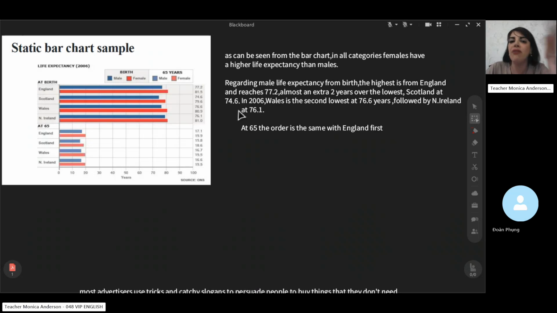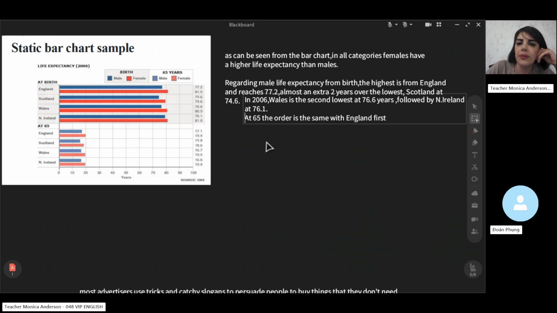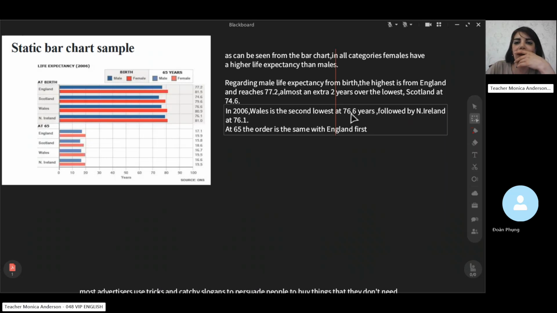If you only had male, you would write it this way. First one, birth. Second one, at 65. Because we also need to talk about female, I put it here. One paragraph.